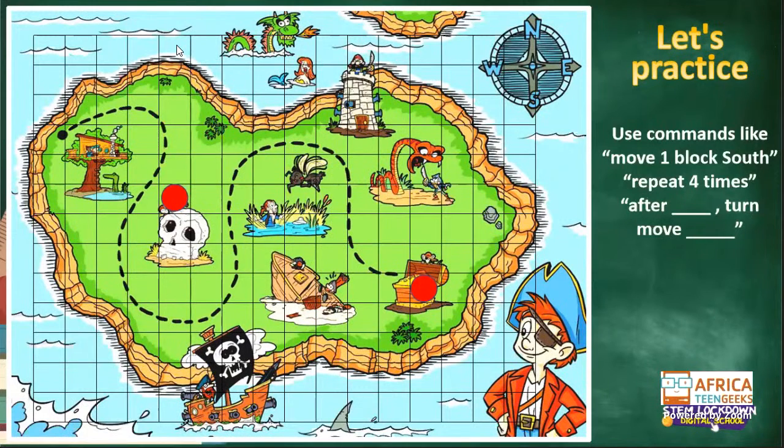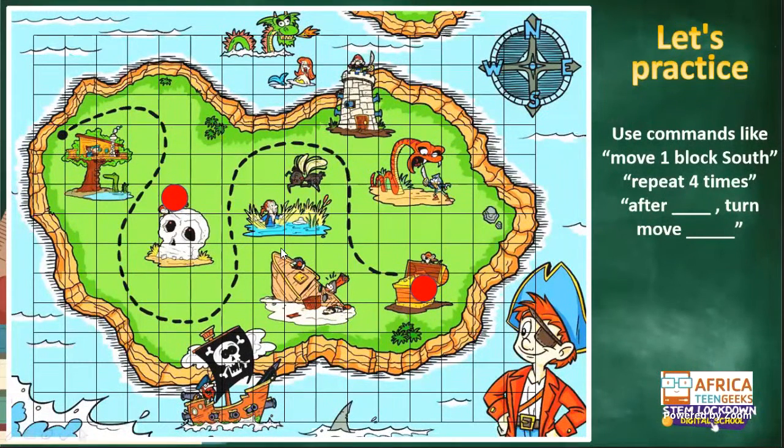Then I am going to give you an opportunity to answer. Yes. What's your name? My name is Leah. Okay, can you tell me how many blocks we need to move down from the red dot before we turn?